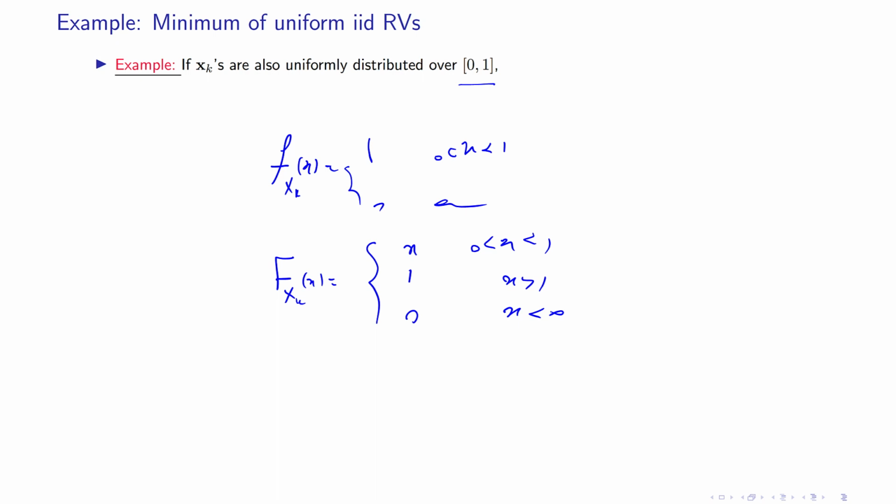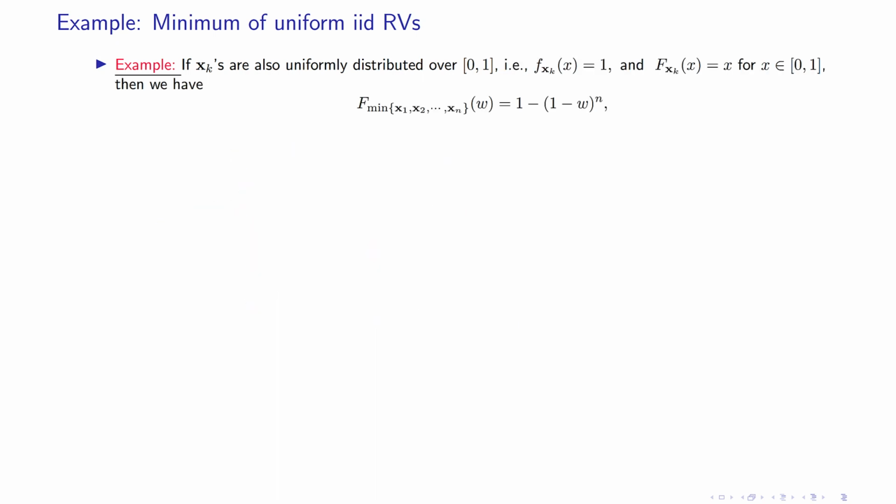Now, you could plug this into the expression of the previous slide, and we can quickly get this expression. So this is going to be the distribution of the minimum, for w between 0 and 1, equal to 1 for w bigger than 1 and 0 for w smaller than 0.